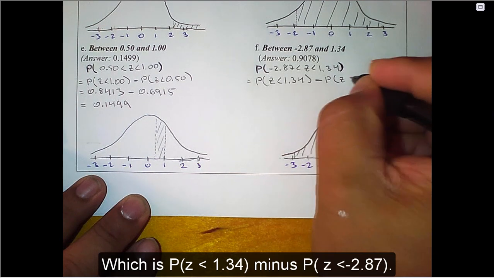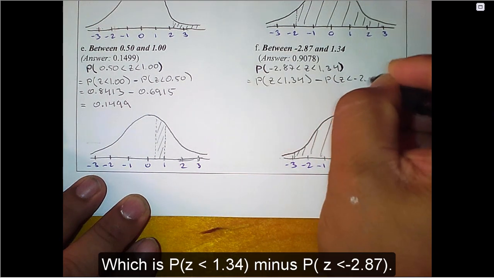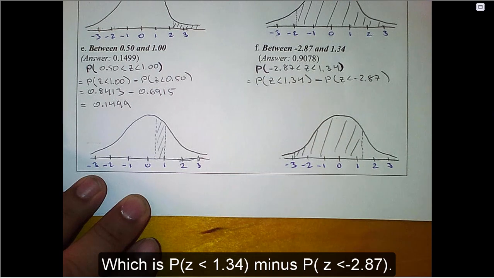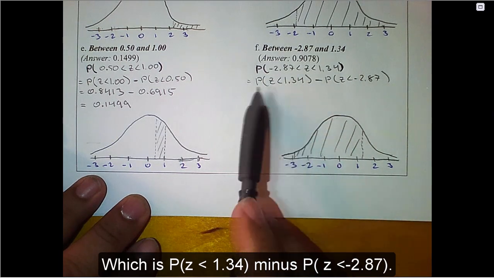Which is P of z less than 1.34 minus P of z less than negative 2.87.